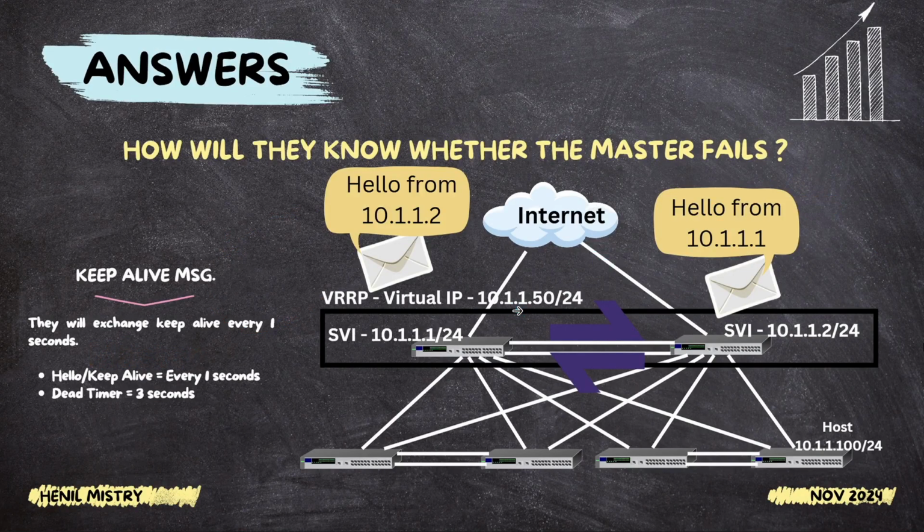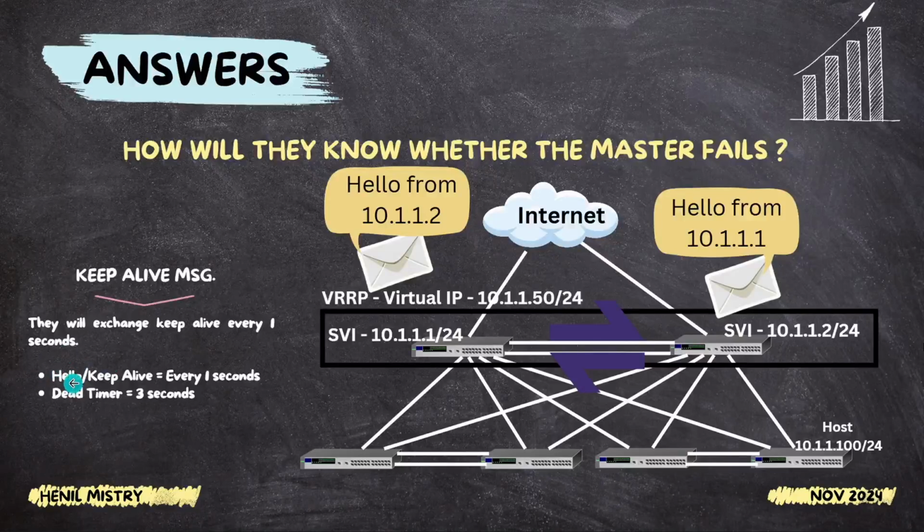Now let's go to the second question, which was how will they know whether the master fails? There is just one thing that you need to be aware of while answering this question, which is keepalive messages. All the devices that are currently communicating in VRRP will exchange keepalives every 1 second. So the master will send keepalive messages to all the participating backup devices at every 1 second interval.